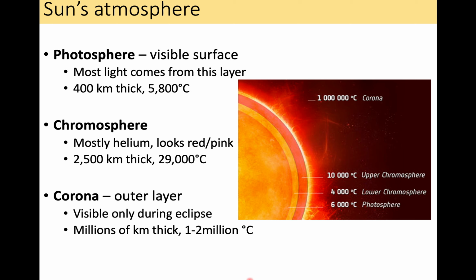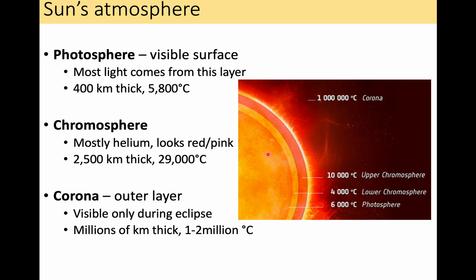So when we think about the sun, we think about the three different layers of the sun's atmosphere. So there's the photosphere, which is the surface of the sun. So that is the visible layer, here, orangey. Most of the light from the sun comes from this layer. It's about 400 kilometers thick and almost 6,000 degrees Celsius.